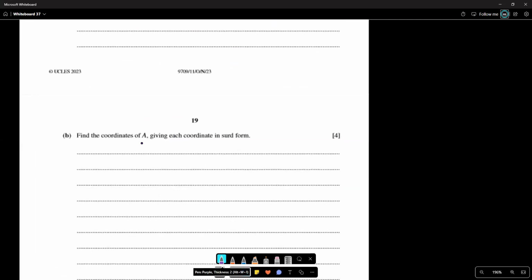So the equation of the circle is (x minus 4) squared plus (y plus 1) squared equals 40.